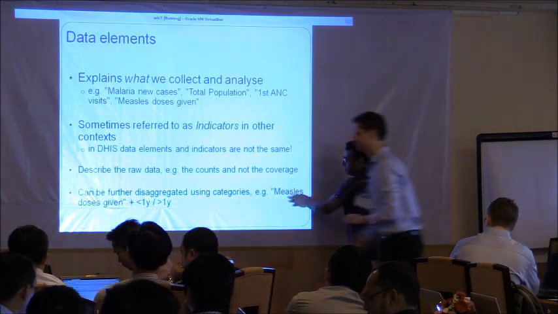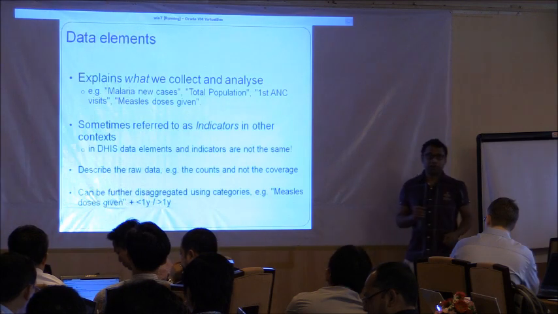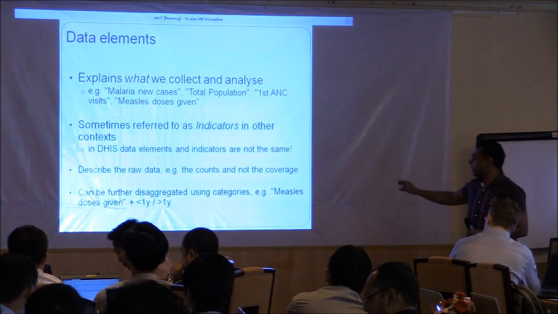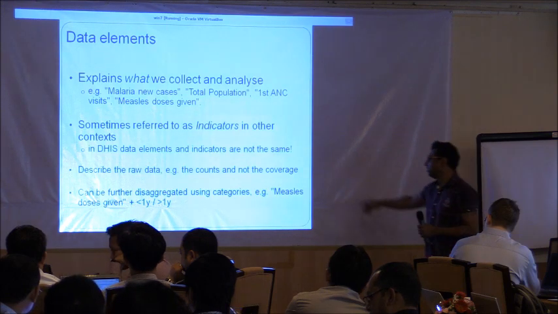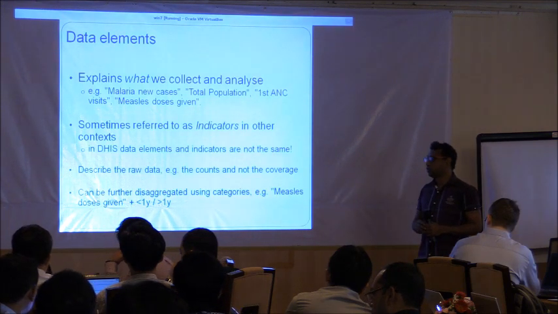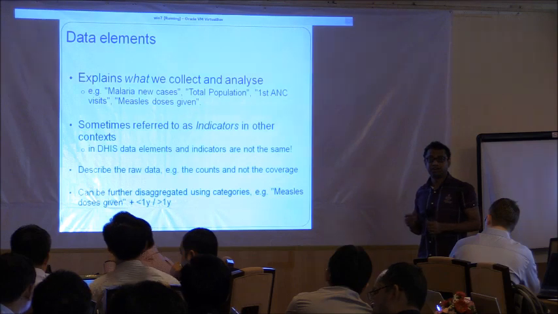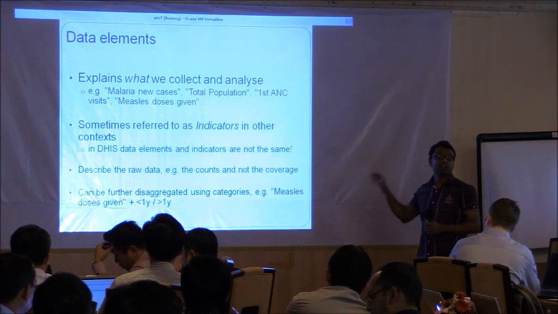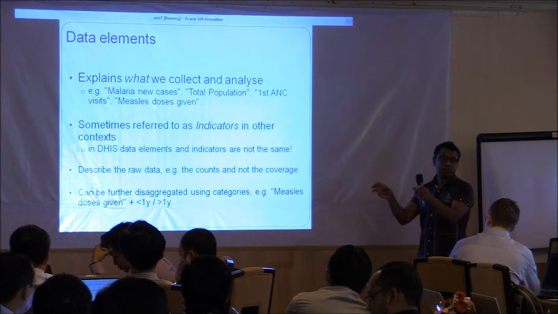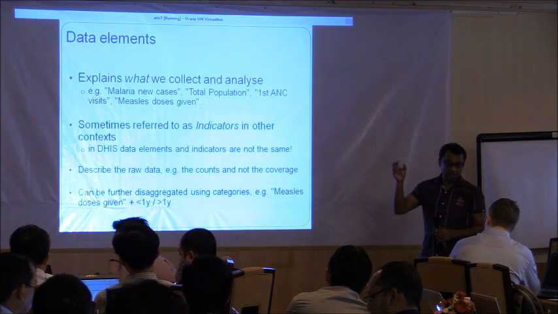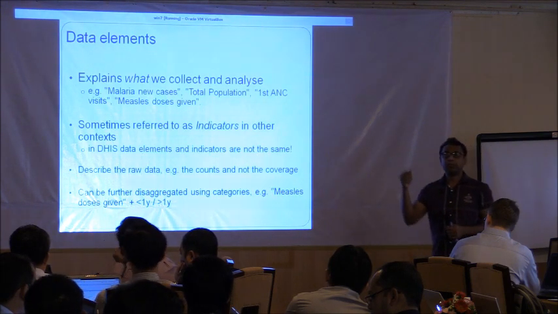And then, to add a bit more complication, we have something called disaggregated data. For example, measles doses given, under 1 year, over 1 year. Under 1 year, over 1 year is a disaggregation. It's the sub-heading. Like for example, you have a population, male and female.